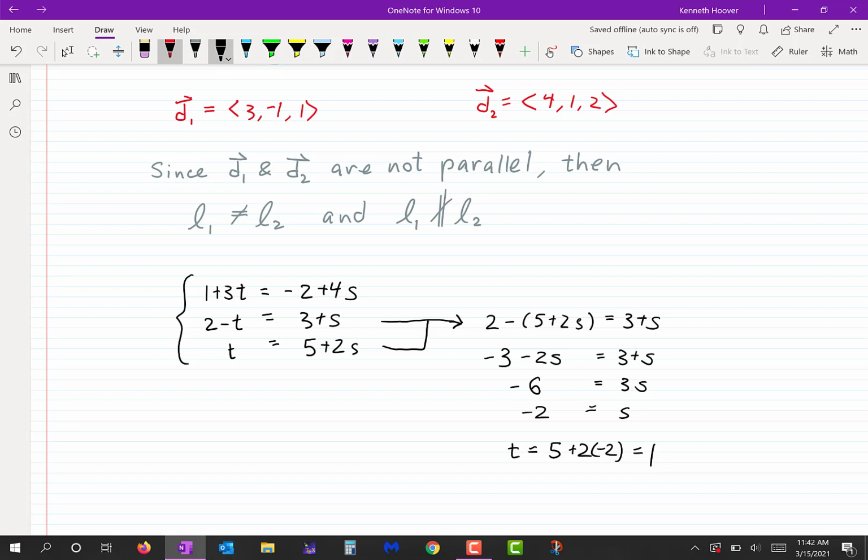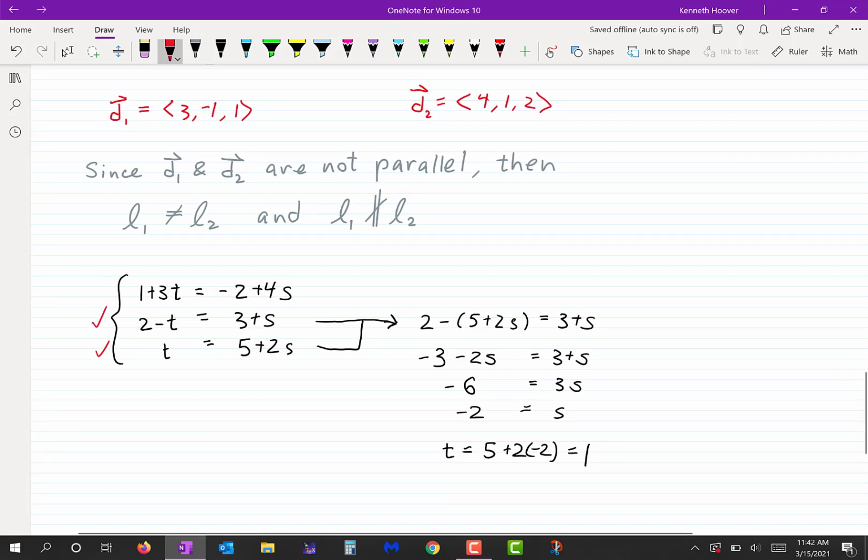Okay, so in order for those two to be equal to each other and these two to be equal to each other, the only way that's possible is if s is negative 2 and t is 1. Well, if that's the case, then would 1 plus 3t be equal to negative 2 plus 4s? Let's see.